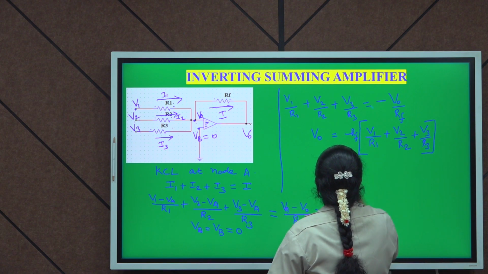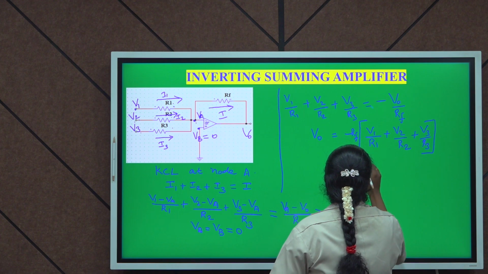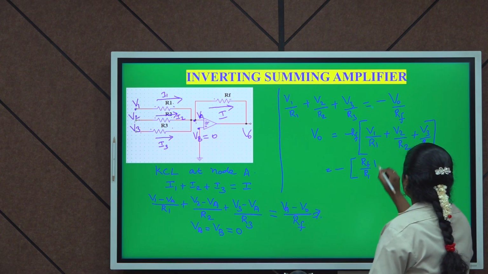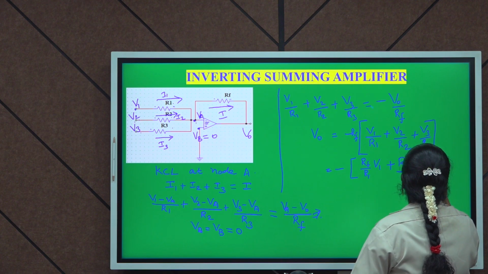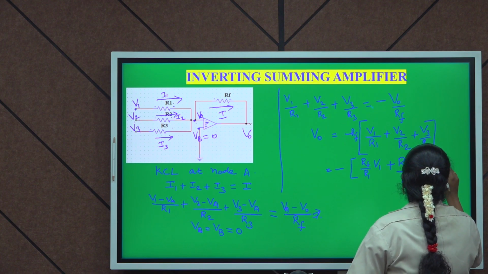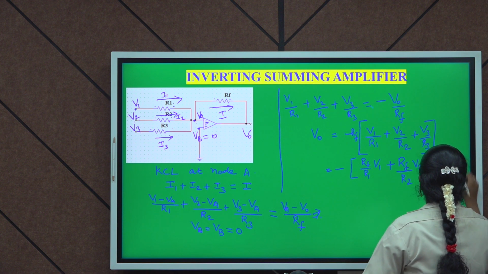So this equation can be rewritten as minus of (RF by R1 into the input voltage V1, plus RF by R2 multiplied with V2, plus RF by R3 multiplied by V3).